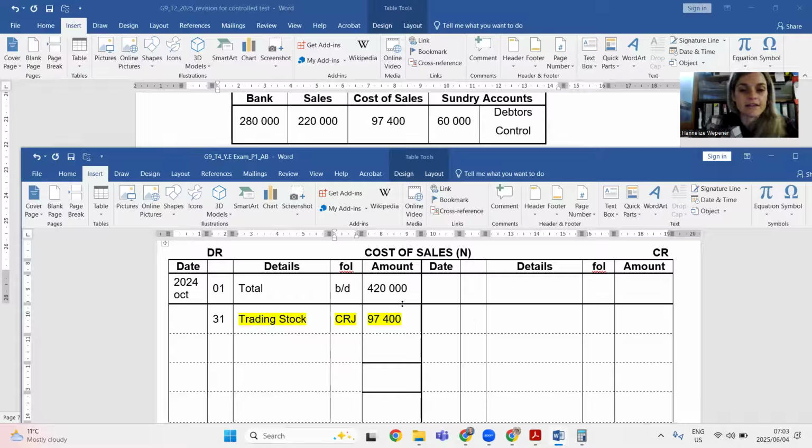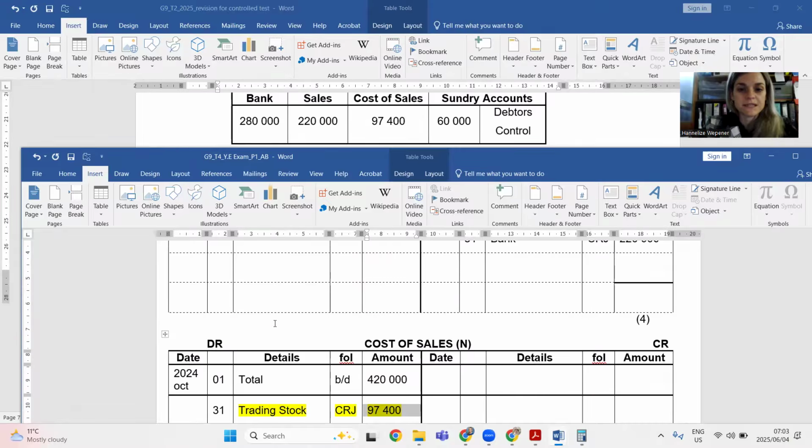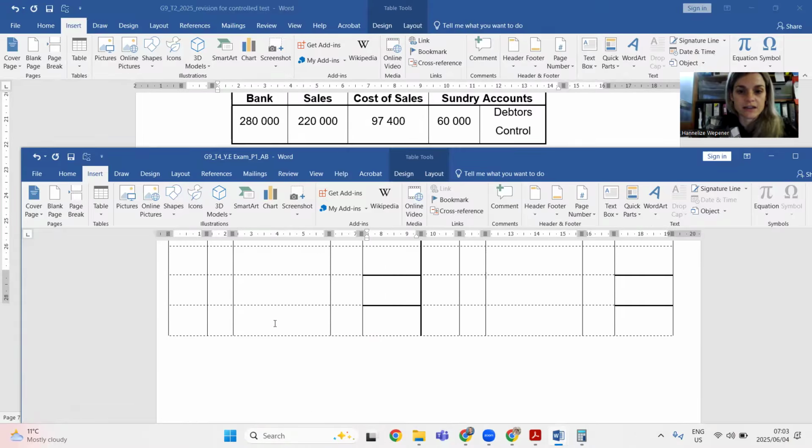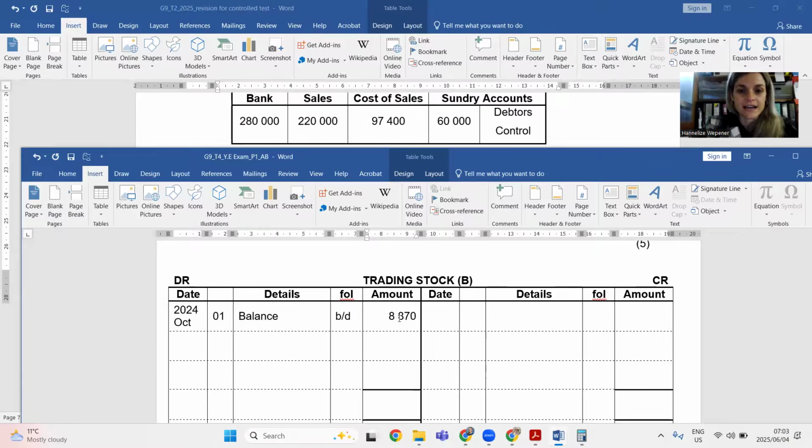And I now have this as an additional expense because the trading stock left my business, which means that I have to go to my trading stock account and say that I actually no longer have this stock. So I need to decrease the account because of the trading stock that left my business in the form of a cost of sales expense.